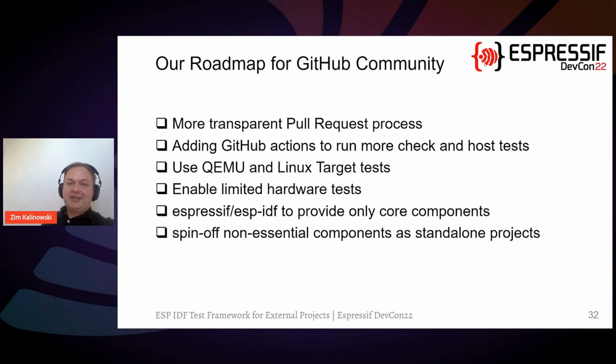This process should be definitely improved, and it will benefit the community. You can also expect more GitHub Actions runs, more checks, host tests, testing using QEMU, perhaps also Linux target, and in some cases we may enable even hardware tests on GitHub.